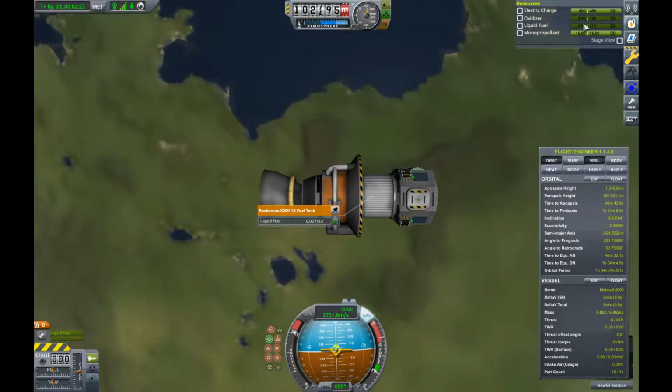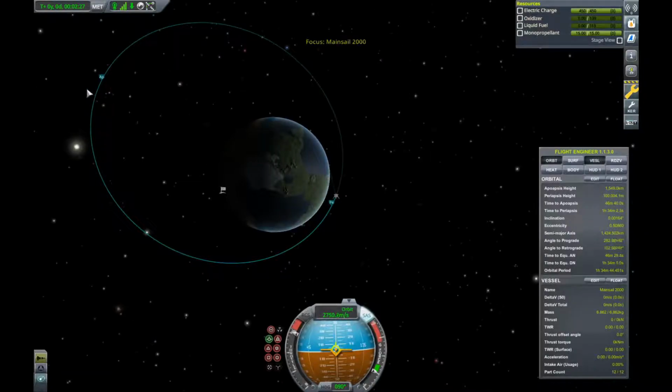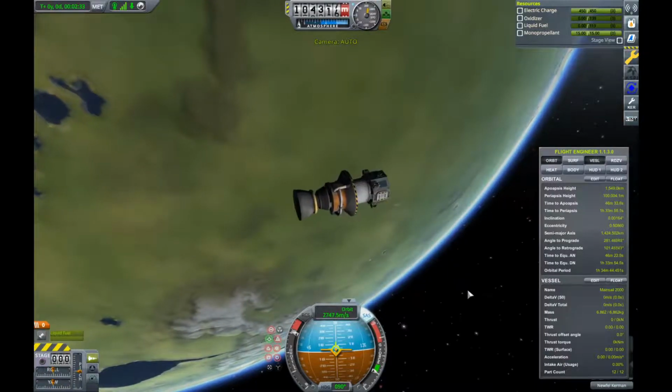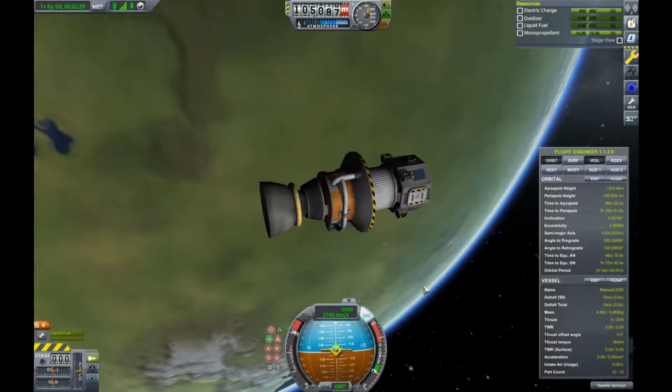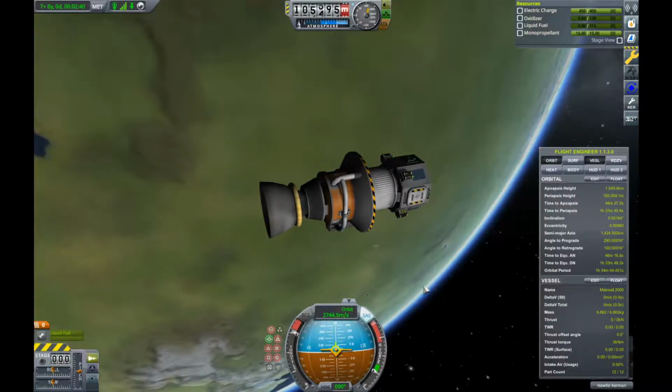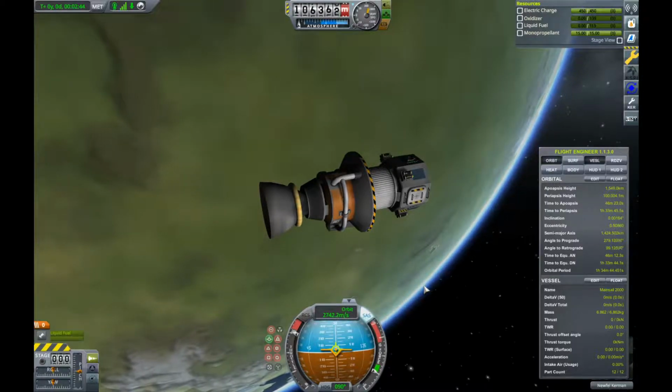It burned through all of our fuel to make that same change in velocity to reach that same orbit as the previous one.